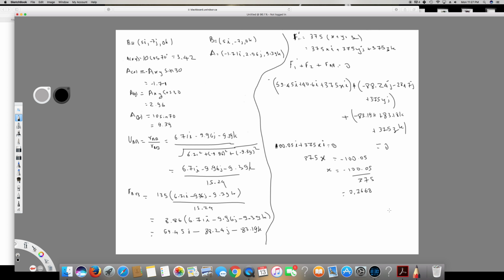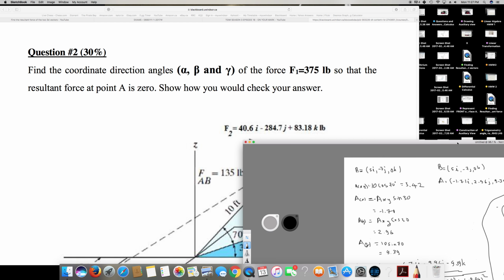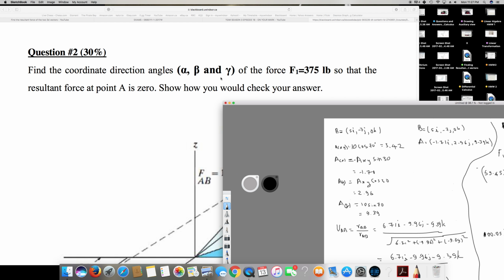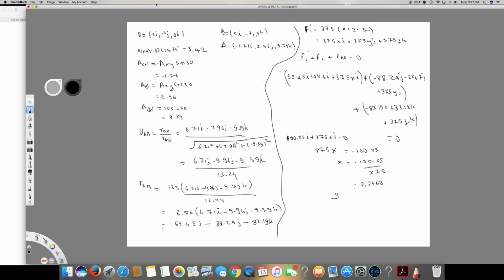We have to read the question carefully. They're asking to find the coordinate direction angles for the four segments so that the second force is okay. So I need the coordinates first, x, y and z. I have to find that for sure. X is found. Let's find the y. If I add these two together, 88.24 plus 284.7 is equal to 372.94.